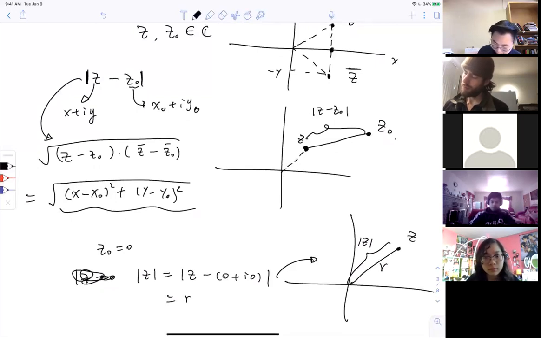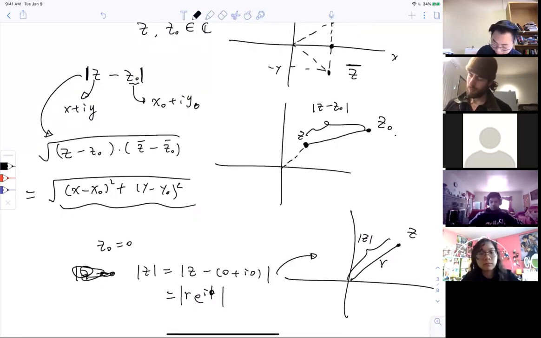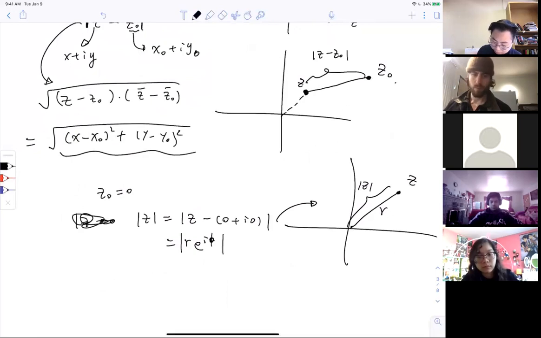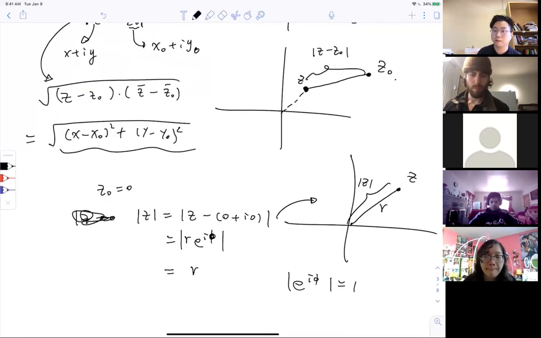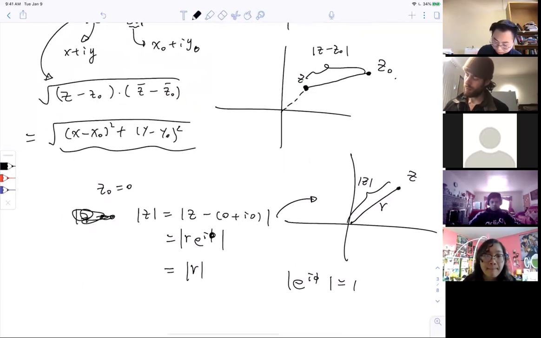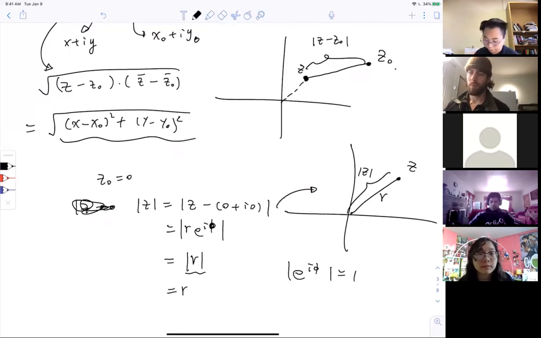Of course, z is r e to the i theta, so i phi. Sometimes I use theta, sometimes phi, it doesn't matter, it's just a symbol. This is r, because e to the i phi always has magnitude 1. It's just a phase. And we know that r is always a non-negative value, so the absolute value of r is always r.